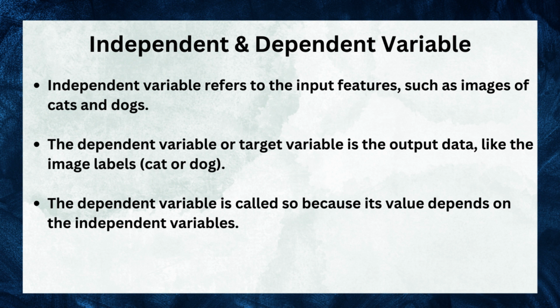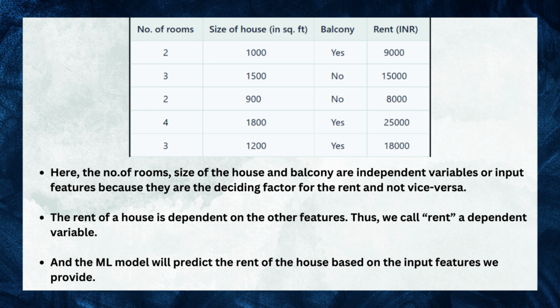Let's take an example. Suppose you have the house rent data of a locality which includes number of rooms, size of house, balcony, rent. Now, number of rooms, size of house, and balcony are independent variables or input features because they are deciding factors for the rent and not vice versa. While the rent of a house is dependent on the other features.